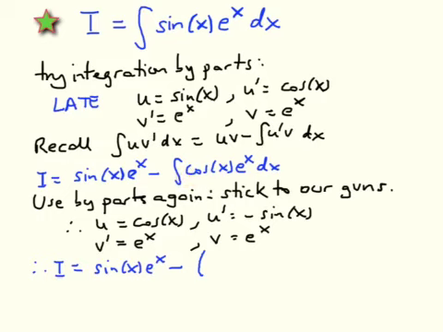We use integration by parts again, so this is the formula we're using, and u times v that we need first is going to be cos of x times e to the x, that's the uv, minus the integral of u prime v, and u prime is minus sine of x, and v is e to the x, so u prime v is minus sine of x, so that gives us another minus sign, and makes this one plus sine of x times e to the x integrated with respect to x, close brackets.